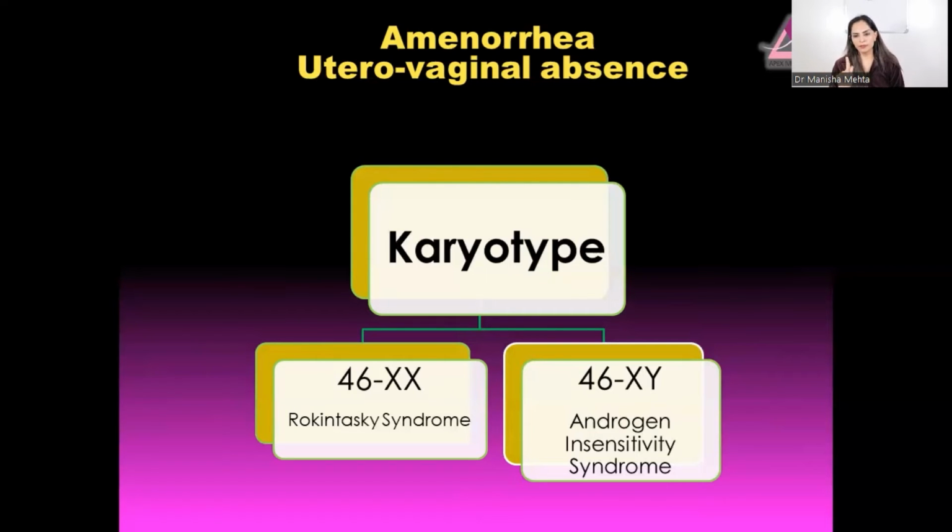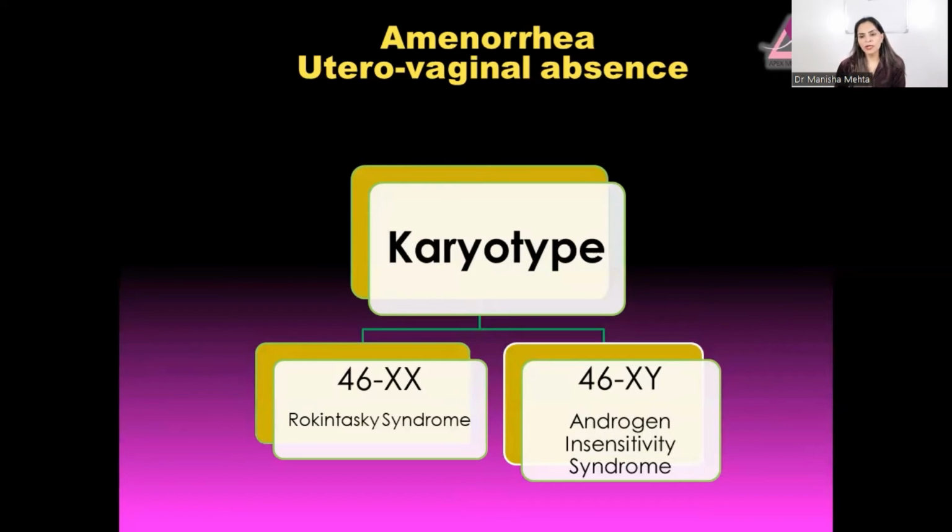Here, the first investigation after ultrasound should be karyotyping, because there are 2 types of scenarios with uterovaginal absence. One is 46XX and the other is 46XY. Why is it important to differentiate both of them? As I go forward, I'll explain it to you.